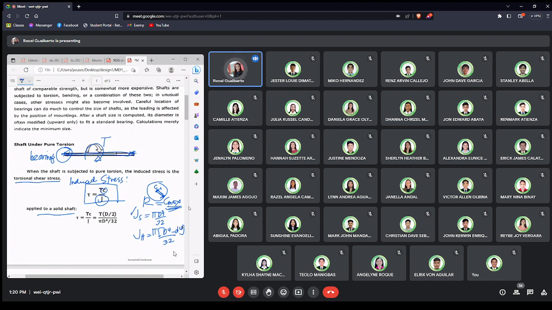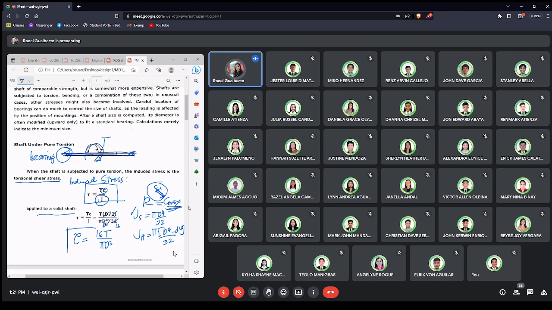So substituting all of those, C is D over 2 divided by pi d to the fourth over 32. You can cancel out d to the fourth and d, leaving d cubed. 32 and 2, this is 16. Therefore, your tau becomes 16T over pi d cubed.